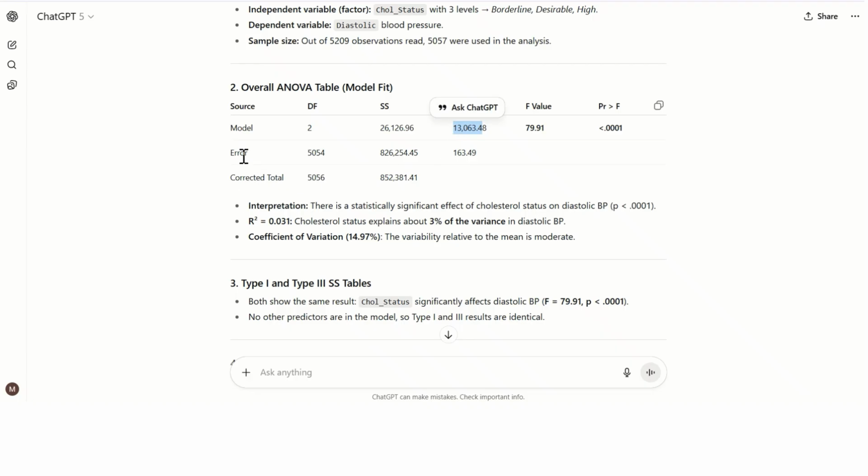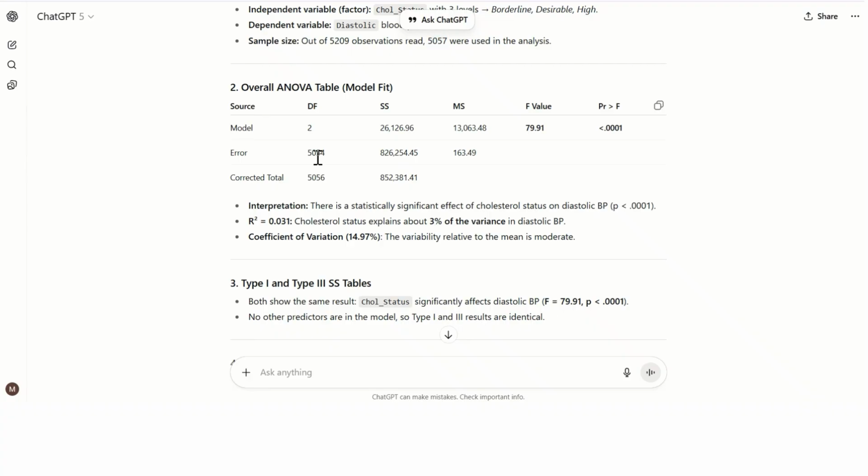This is the variability within the samples. We know that the total number of participants with the cholesterol status being provided was 5,057, but we subtracted 3 of them because of 3 groups.